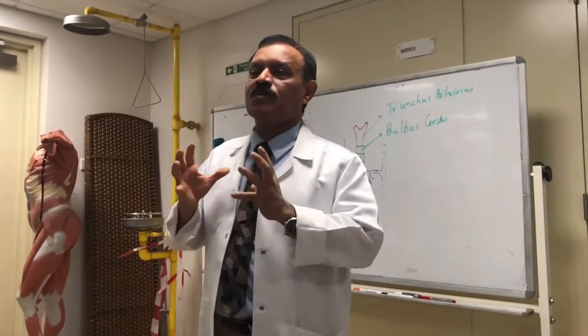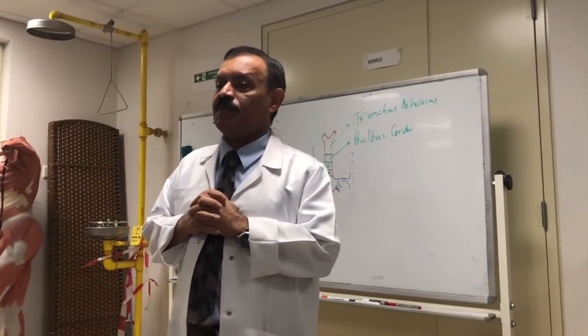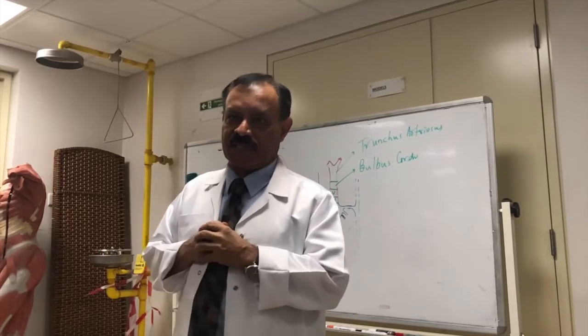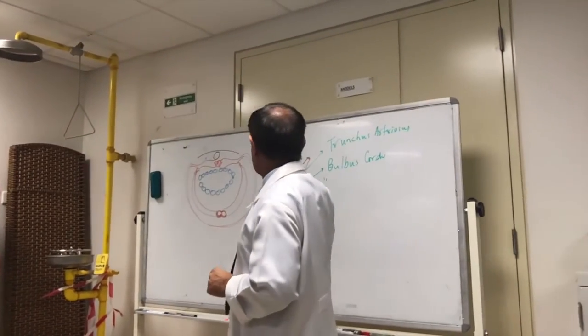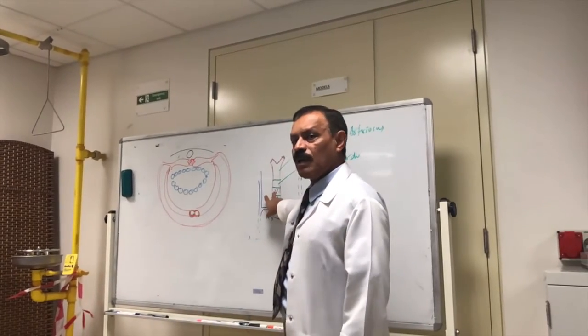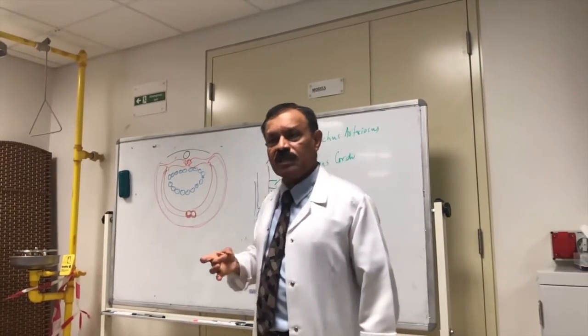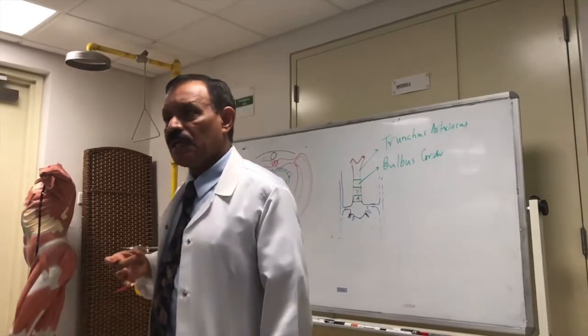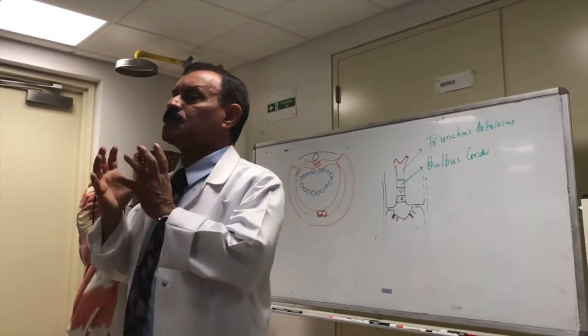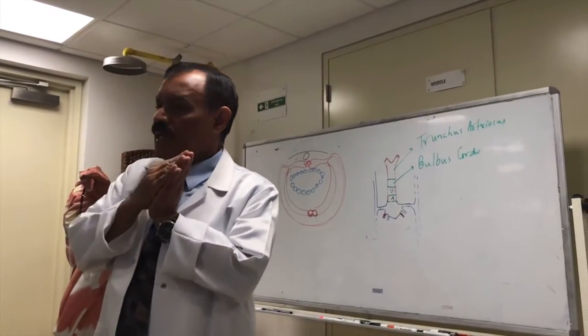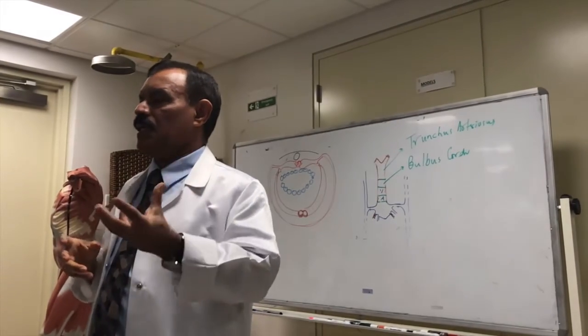So the major part of the bulbus cordis forms the right ventricle. The one which is not swelling up comes from the ventricle proper, from the heart tube itself. So when the bulbus cordis swells up, it pushes the tube towards the left, and that forms the left ventricle.